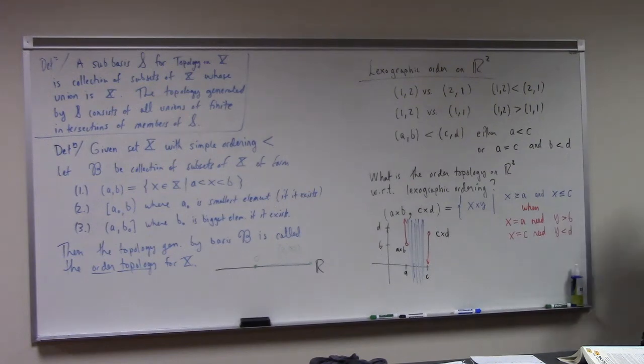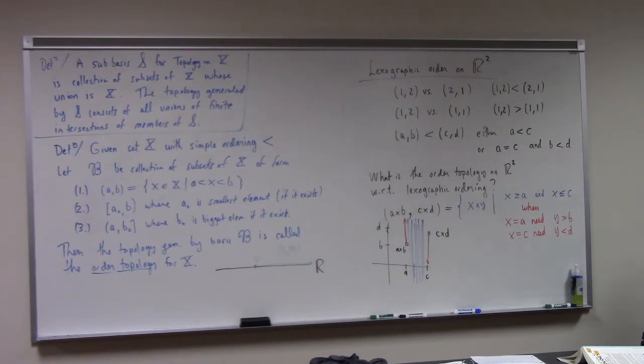And then the topology generated by that, I mean, you take what? That's a basis, so you take unions of those to get other open sets. Obviously, this is not the usual topology in the plane, right?